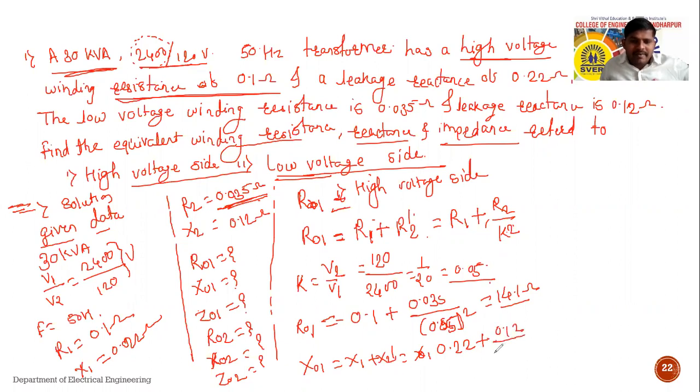X2 is 0.12 divided by K square, that means 0.05 square. What will it be? 4.8. Then the total is 48.22.